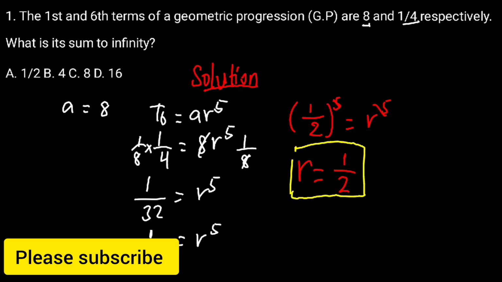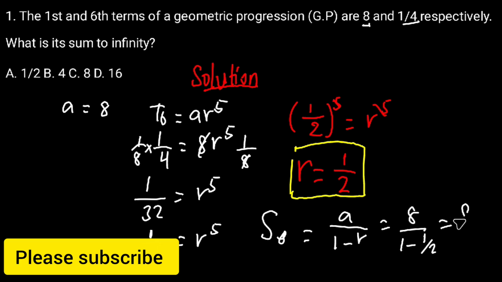To find the sum to infinity, we use this formula: sum to infinity is equal to a divided by 1 minus r. So this is equal to a, which is 8, divided by 1 minus r, which is half. This is 8 divided by 1 minus half, which is half.